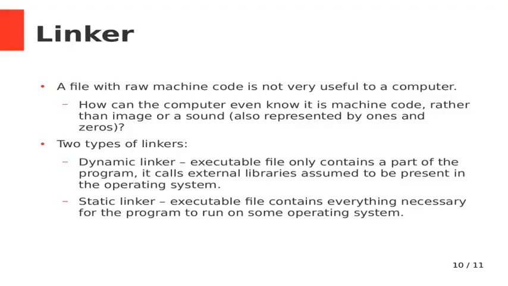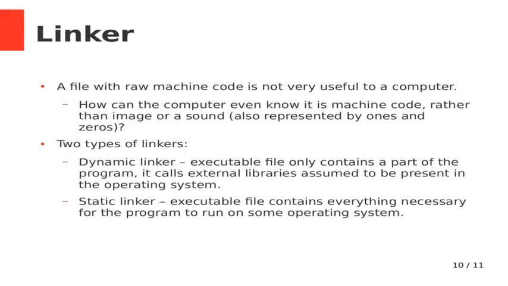Then after the assembler comes the linker. And what's a linker? Well, you see, a file with raw machine code is not very useful to a computer, because first of all, how can the computer even know it is machine code rather than an image or a sound file?